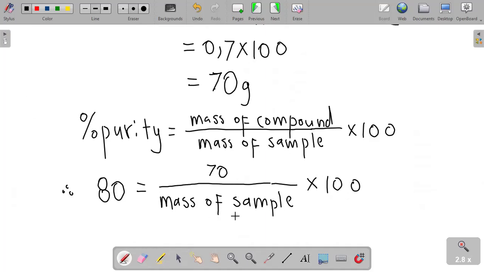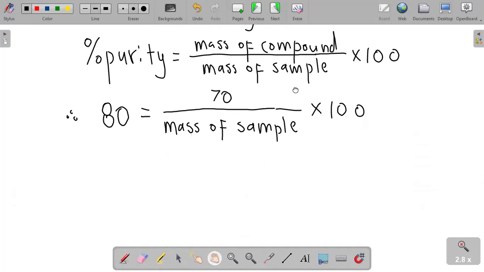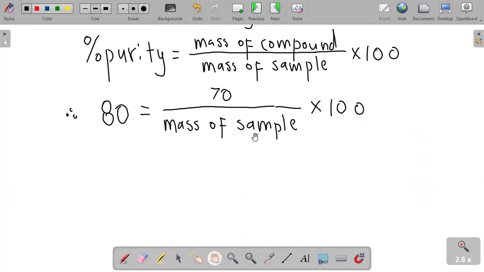So, okay, we have to change the subject. Therefore, for the mass of sample, we swap: we pick the 80 and put it here.